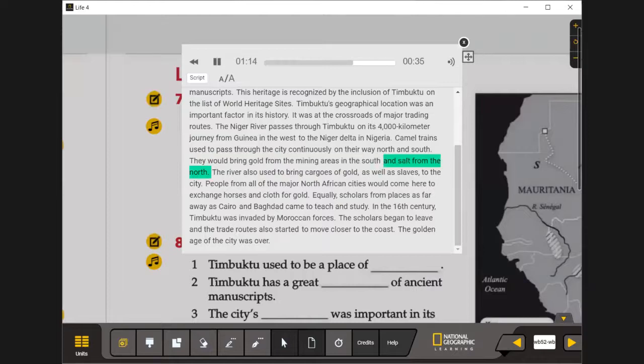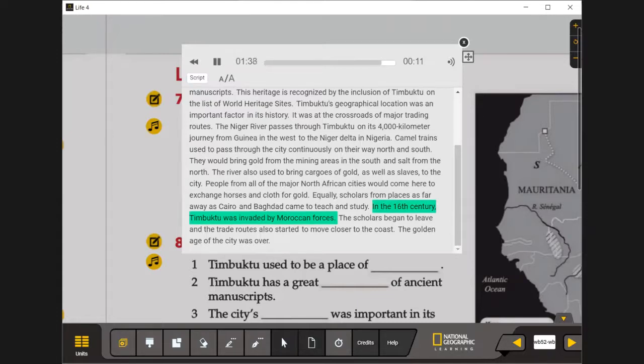They would bring gold from the mining areas in the south and salt from the north. The river also used to bring cargoes of gold as well as slaves to the city. People from all of the major North African cities would come here to exchange horses and cloth for gold. Equally, scholars from places as far away as Cairo and Baghdad came to teach and study.